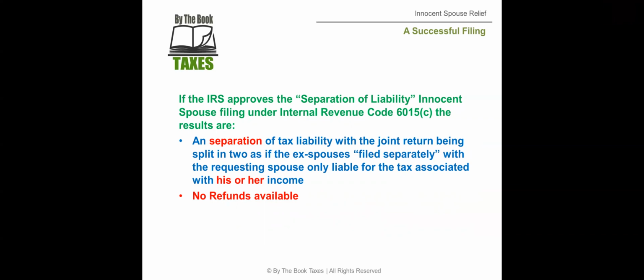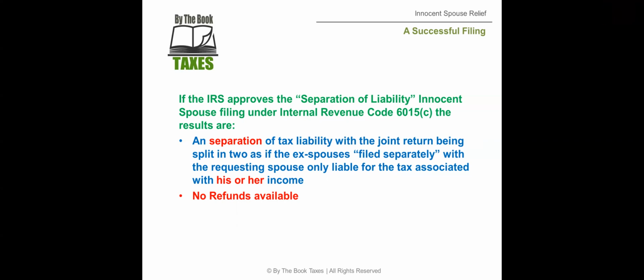What the IRS does is basically take the joint return, split it into two returns, and calculate the tax as if instead of filing a joint return, each spouse had done a married filing separate return. So it's a separation of the tax liability, not an allocation of it.